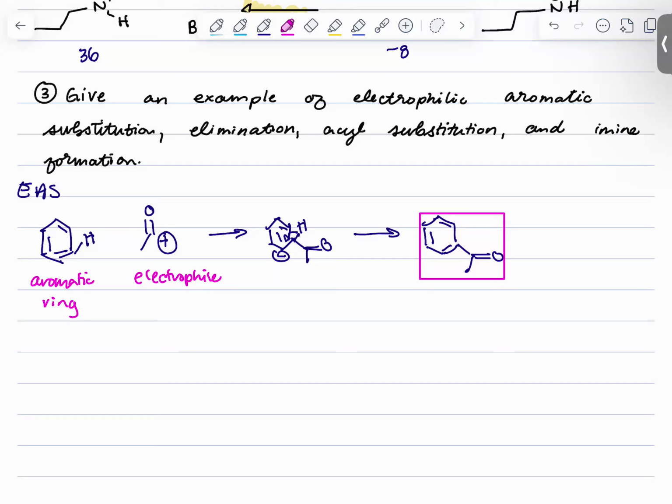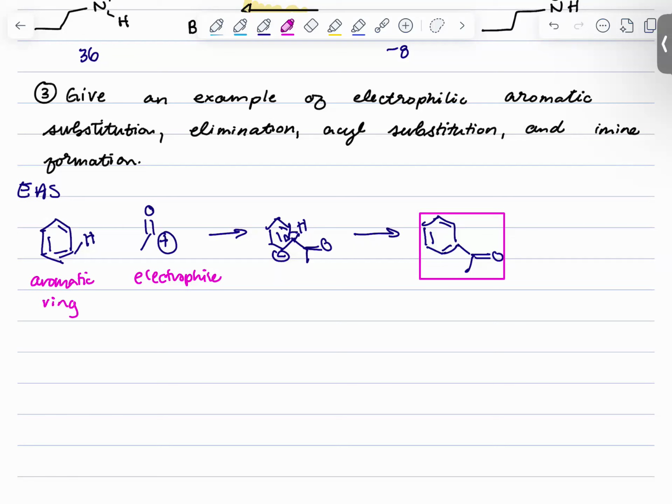Do I have someone who wants to do another one of the reactions? Yeah, you don't need to do the intermediate like that.